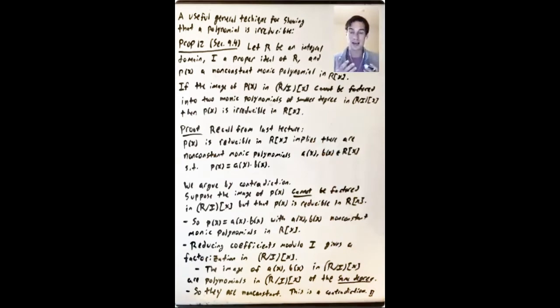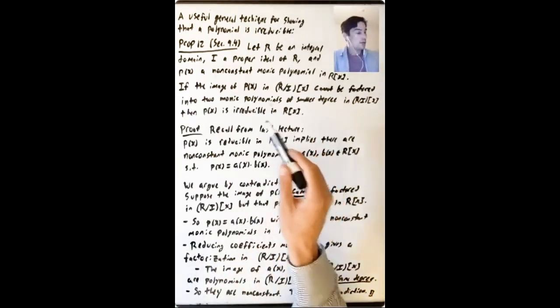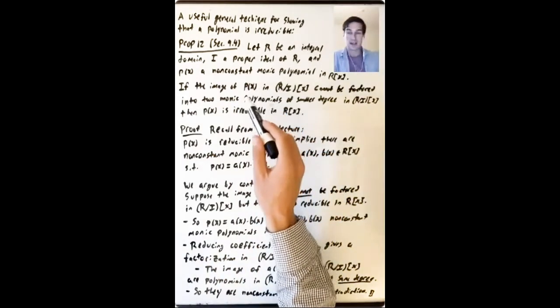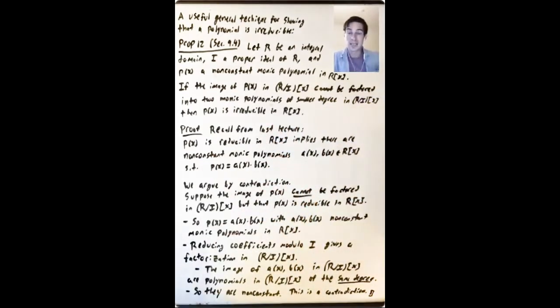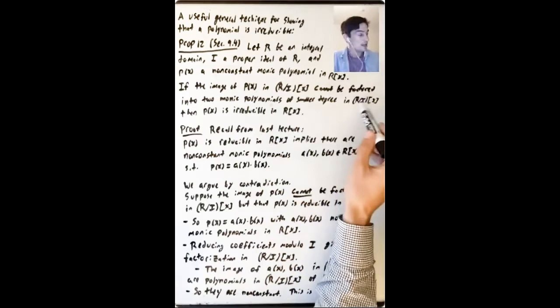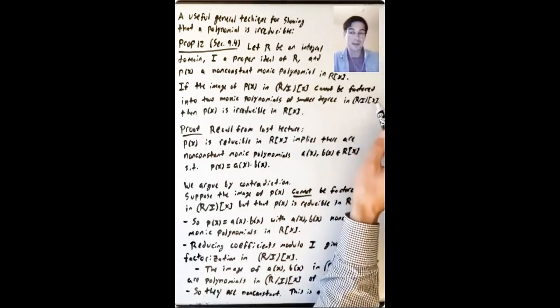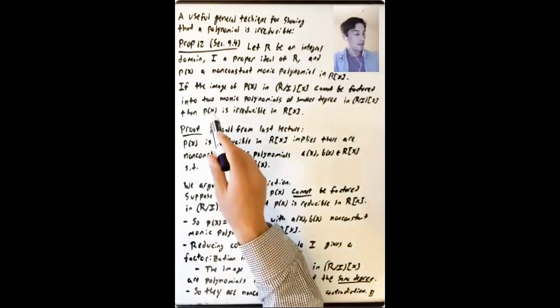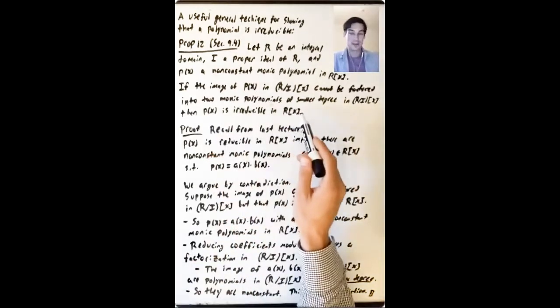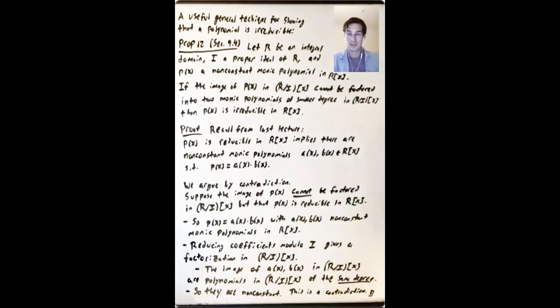So what's the idea? We reduce the coefficients of P of x modulo I. And if we get something that's irreducible in this ring (R mod I)[x], then the polynomial we started with was irreducible in R[x].